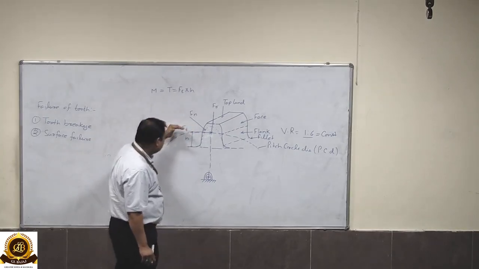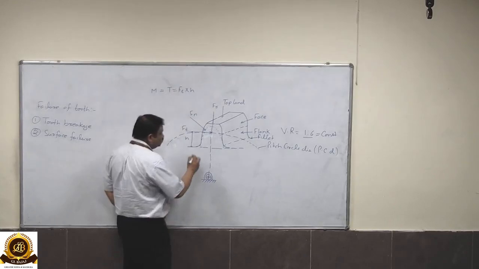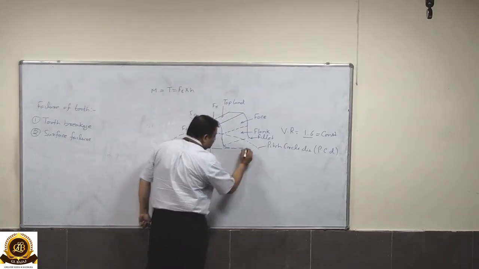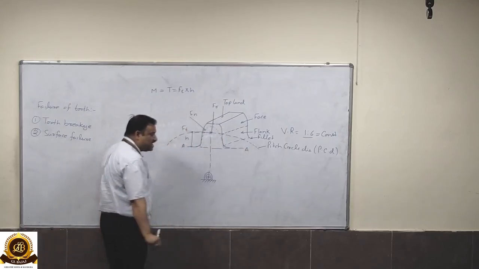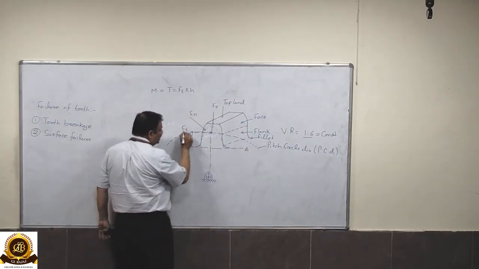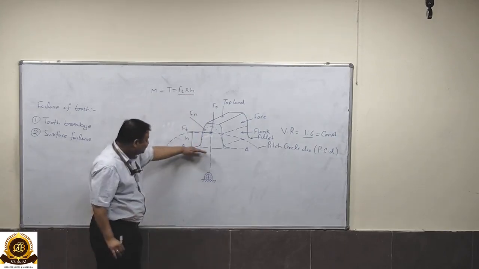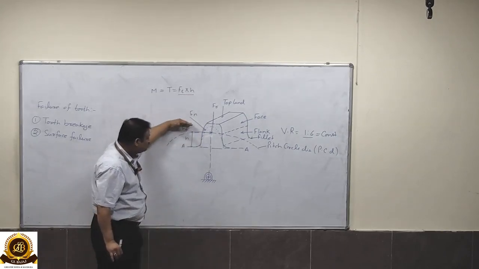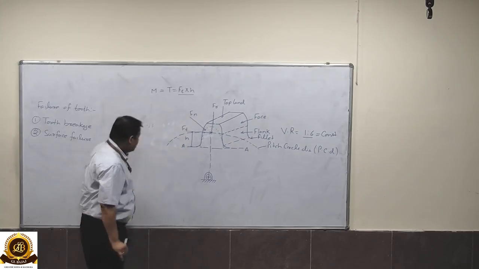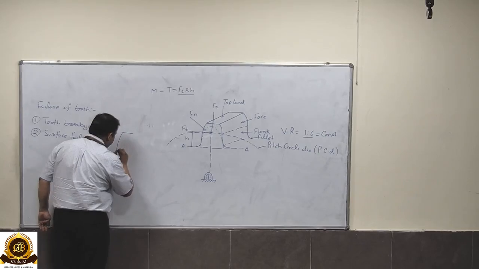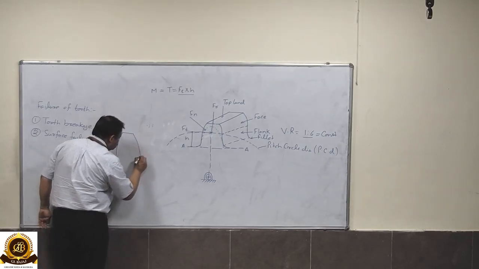So therefore, we can understand that this tooth is behaving like a cantilever beam and it is fixed at this end, say section AA. Now at this section, we can see that this is the maximum bending moment, at the fixed end. So under this bending moment, the tooth breaks. Initially, this tooth breakage will start at the root.